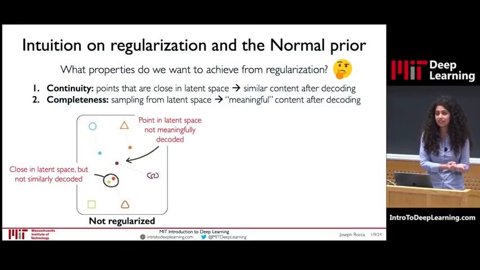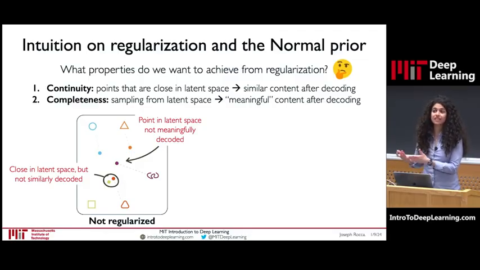Things that are close in the latent space may not be similarly decoded, meaning there's a lack of continuity. So for example, if we have this green point and this orange point in the latent space here, one may end up decoding back a square and the other a triangle, yet they're similar and close in the latent space. So objects that are actually dissimilar are close in the latent space, and we don't want that.